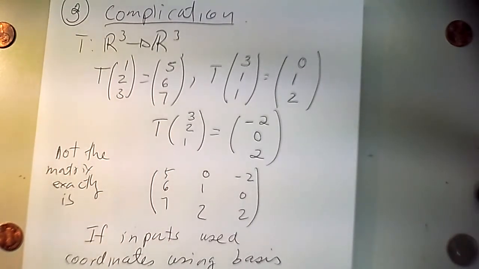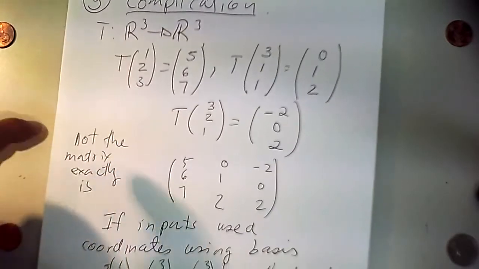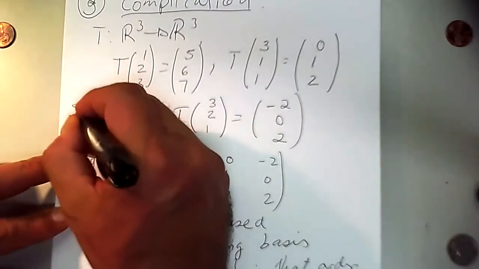And the outputs, I believe, would not be correct either. So we're going to come back to this example using different bases, but this is just a side note for now.